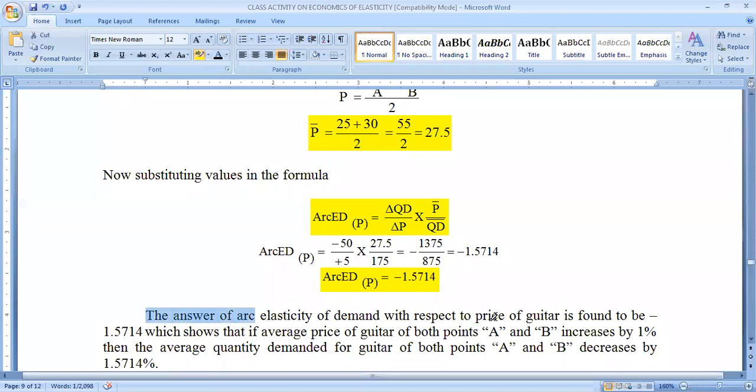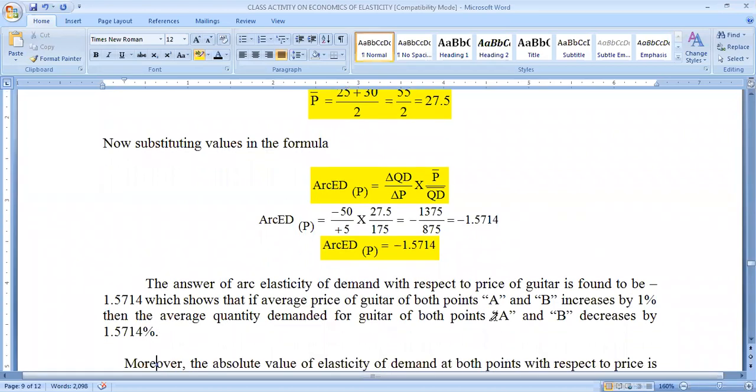The answer of arc elasticity of demand with respect to price of guitar is found to be minus 1.5714, which shows that if average price of guitar of both points A and B increases by 1%, then the average quantity demanded for guitar of both points A and B decreases by 1.5714%, right?